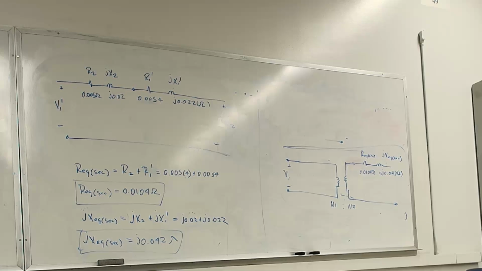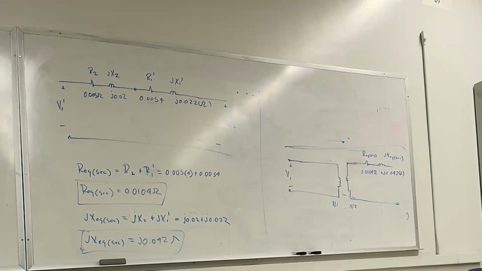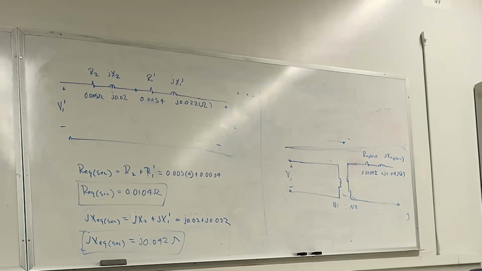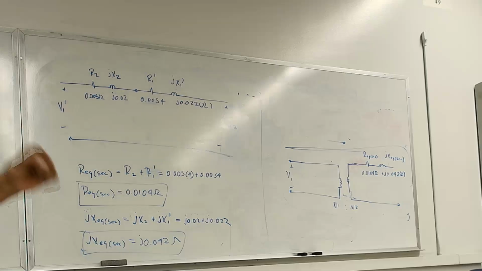If you ever get a value where the impedance of the resistor is larger than the reactance, you've got to question that. You've got to say, hey, maybe you're right, but let me just ask this question. How come? Because the resistance should be so small that you most likely are going to neglect it.